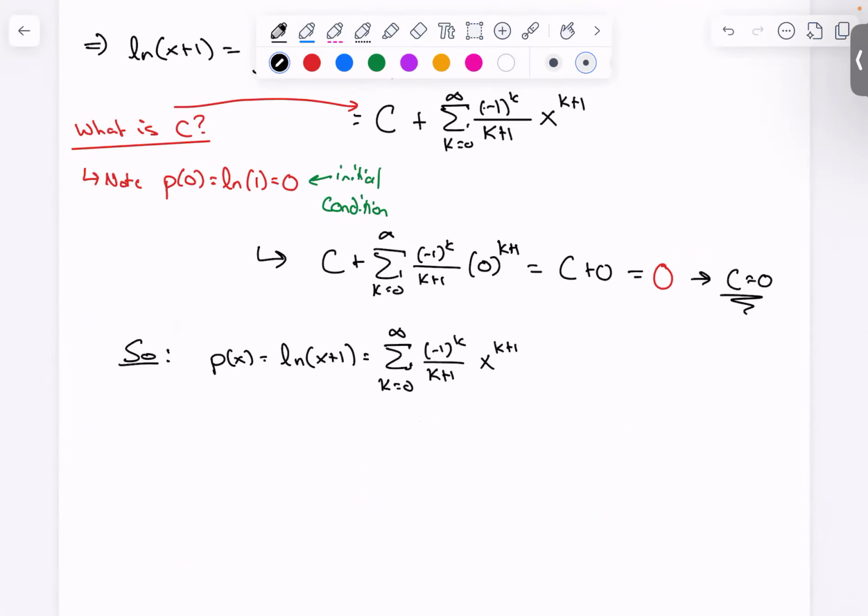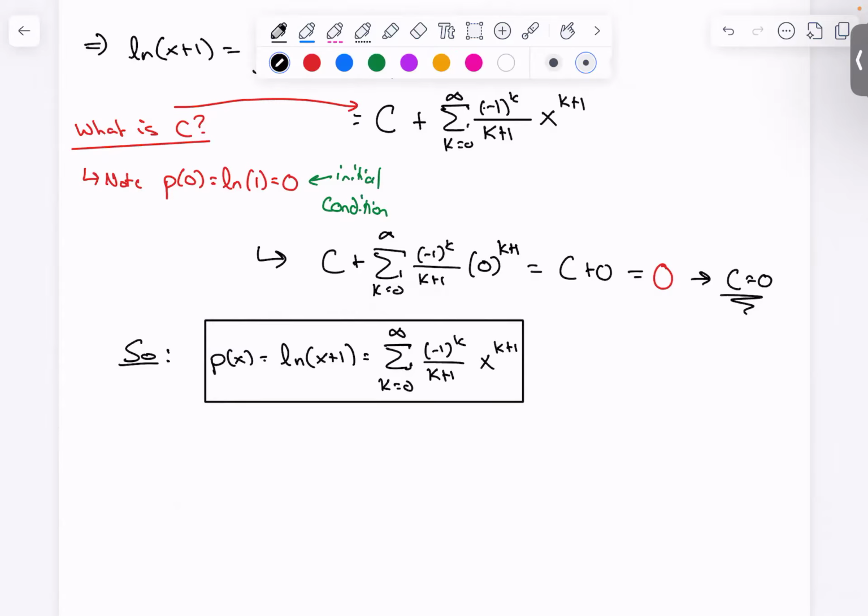We could bring the index up by 1, which would bring down the indices inside the sequence by 1 to make it look a little prettier, but it's not required. Any questions on that? That is the first part of this problem. Nothing?